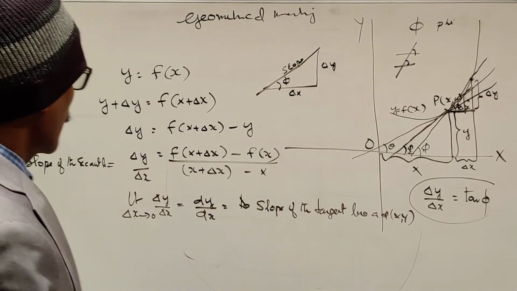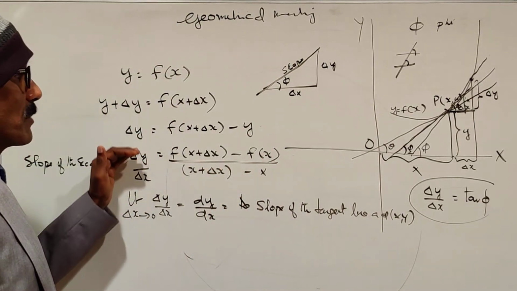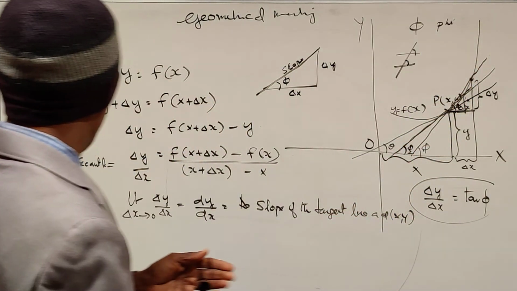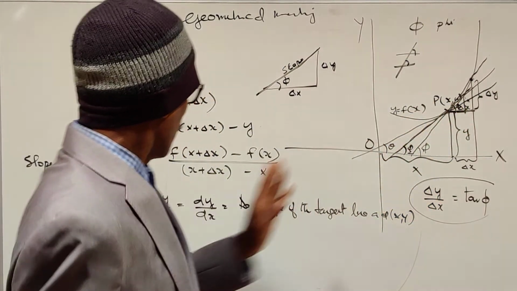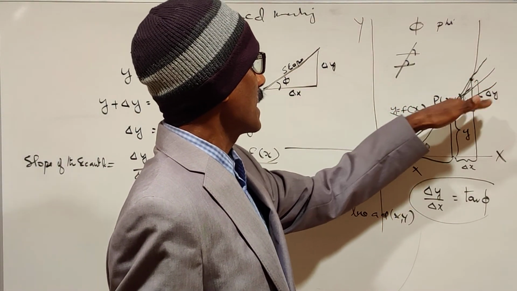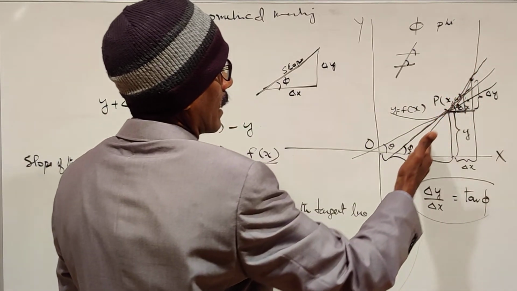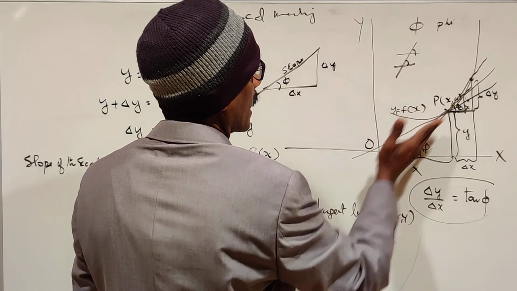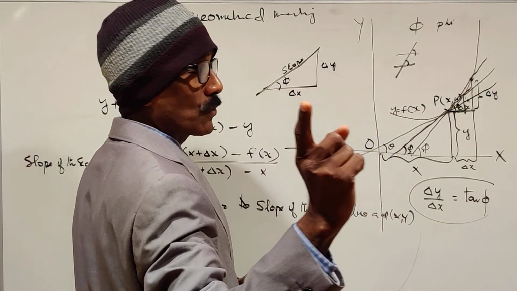Very important. What is the meaning of delta y by delta x? It is the slope of the secant line. What happens when delta x tends to 0? The secant line becomes the tangent line at the point x, y. Before, the secant line was like this and passed through 2 points.